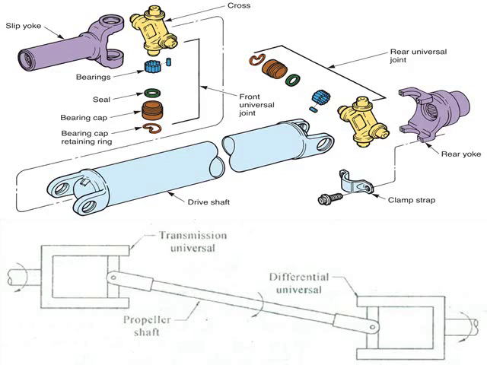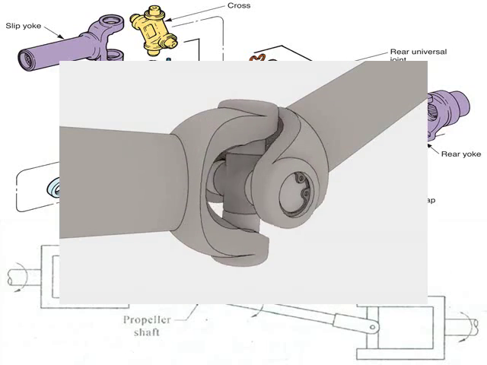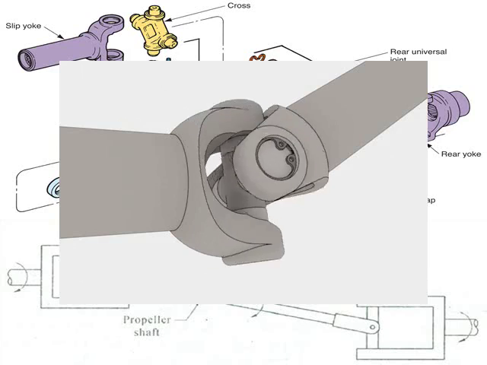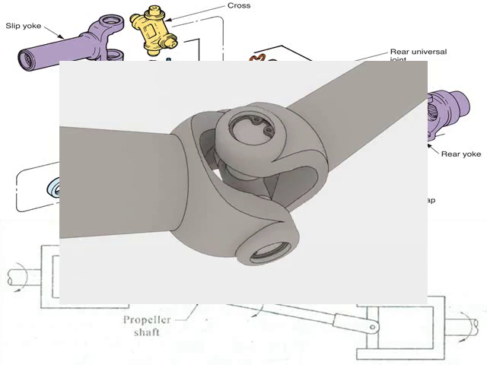The cross in the schematic representation of the universal joint is connected to the propeller shaft. That is the construction and generalized view of the propeller shaft and the universal joint. This is the animation of the universal joint.